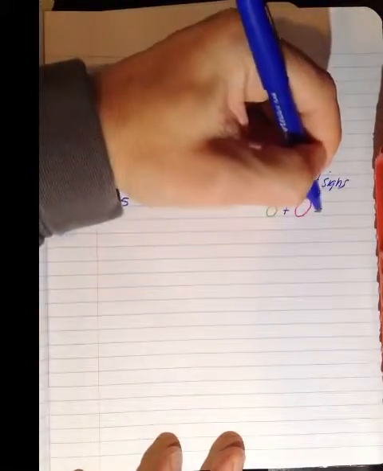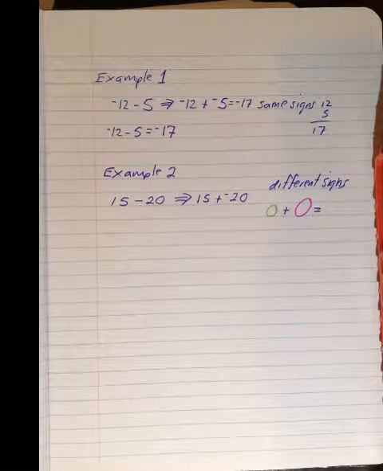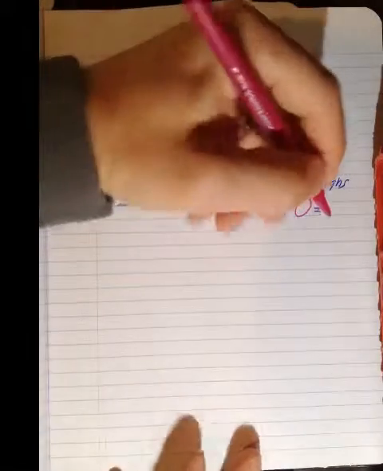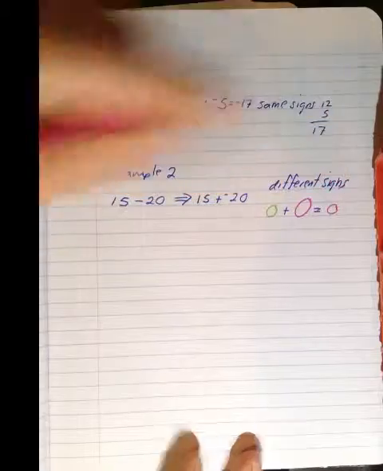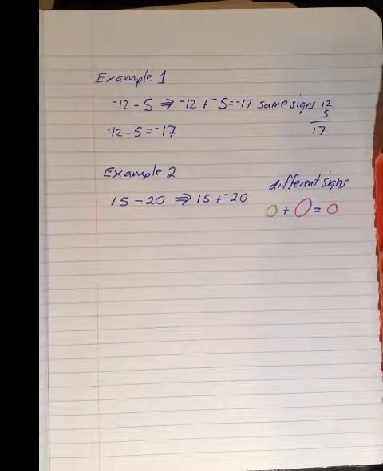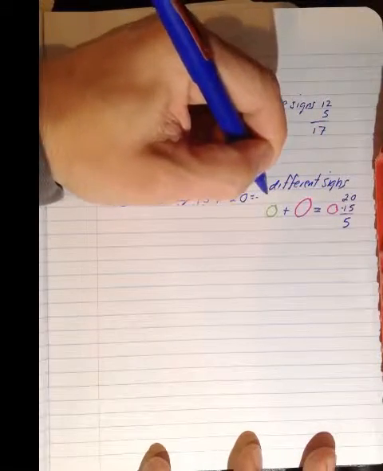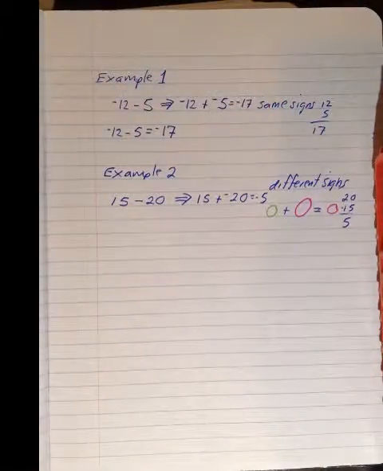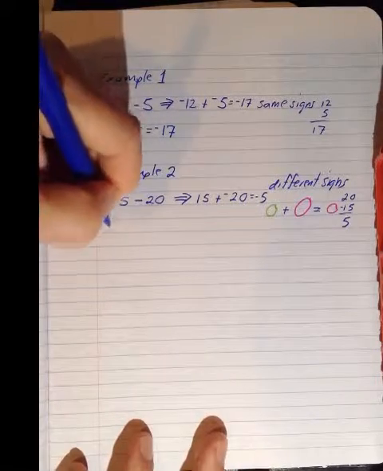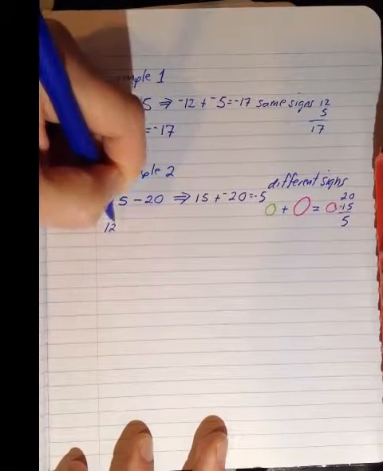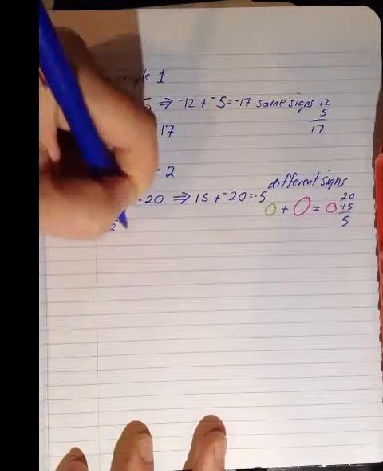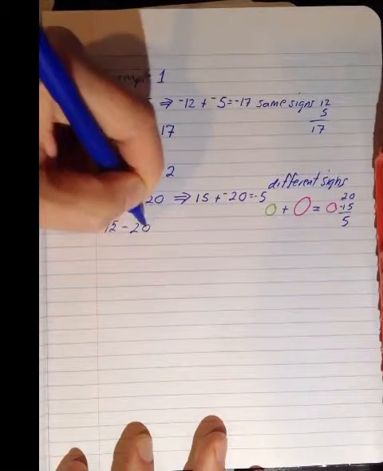That means that I'm going to find the difference between 15 and 20, that's 5, and the answer is going to be negative. There's more negative than positive. So that means that 15 minus 20 is negative 5.